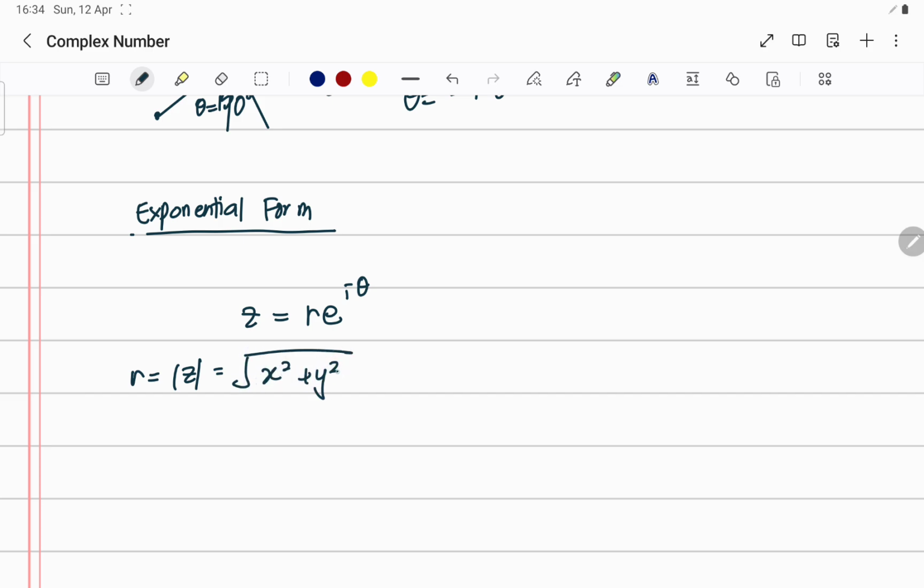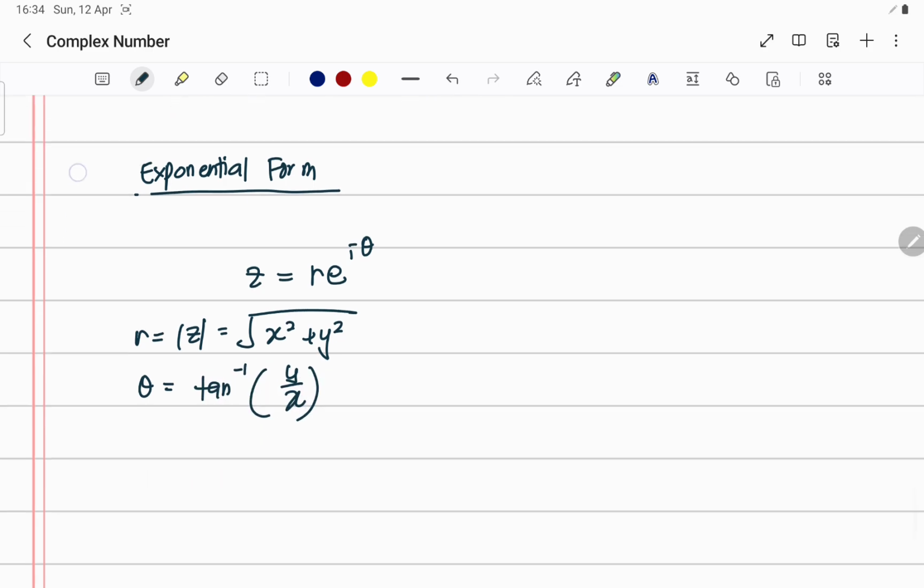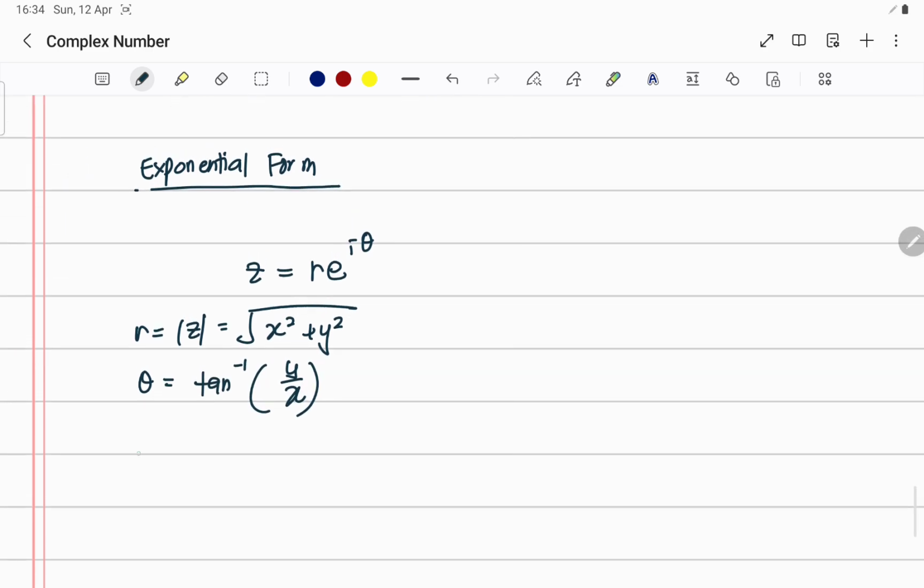Theta is the inverse tangent of y divided by x, and the principal argument is also the same. The argument of z is from negative 180 until 180, or in radian it is negative pi until pi.